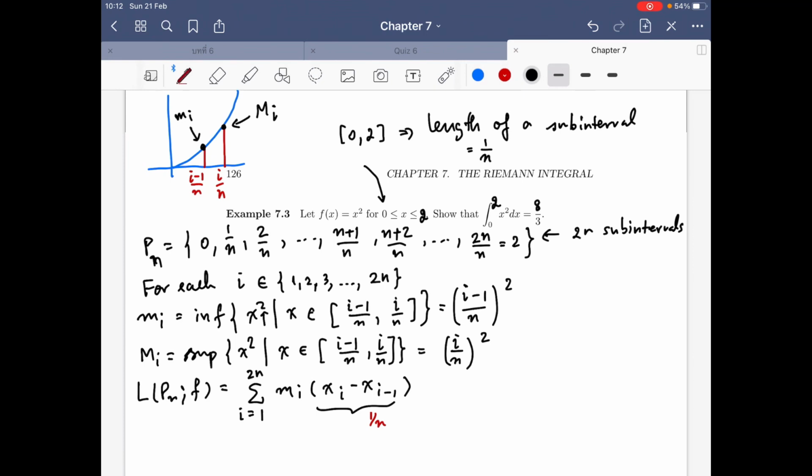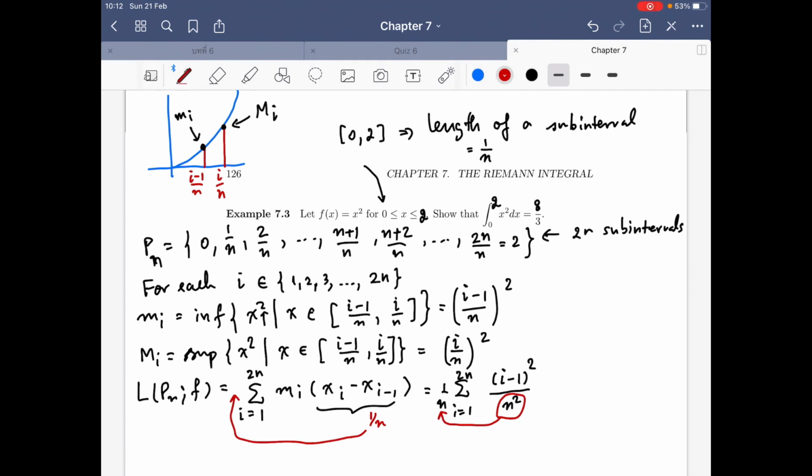Okay, this 1 over n again can be taken out. So here you have 1 over n, i from 1 to 2n, and your smaller mi is (i minus 1) squared over n squared. So again your n squared can be taken out as well.